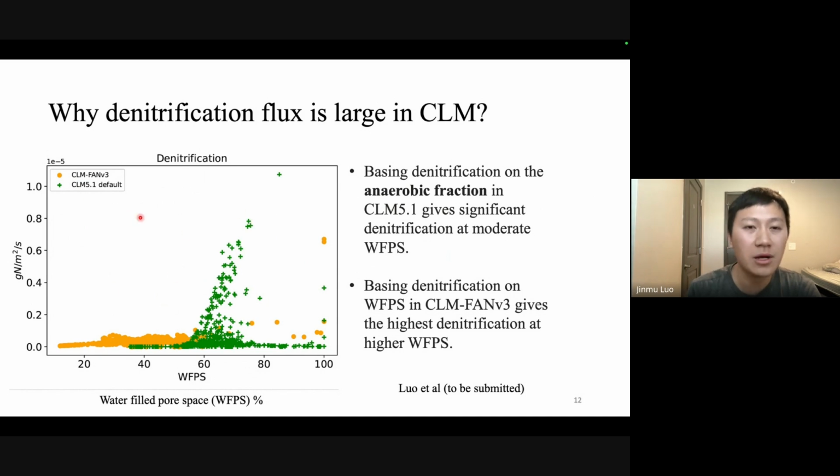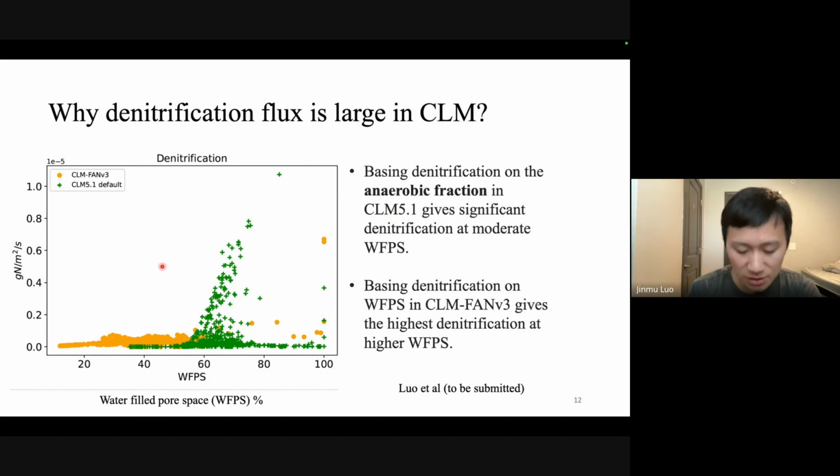This graph plots the denitrification against the WFPS. The x-axis is the different WFPS, increasing from 0 to 100, and the y-axis is the denitrification rate. As you can see, the green pluses are from the CLM 5.1 default, and our new simulation is the yellow dots.